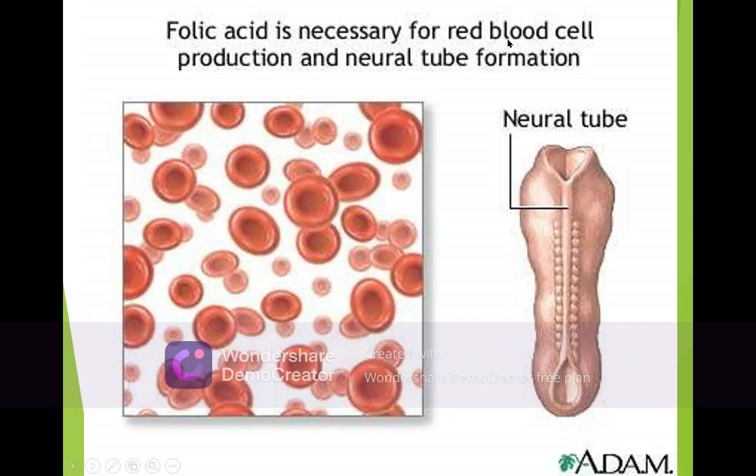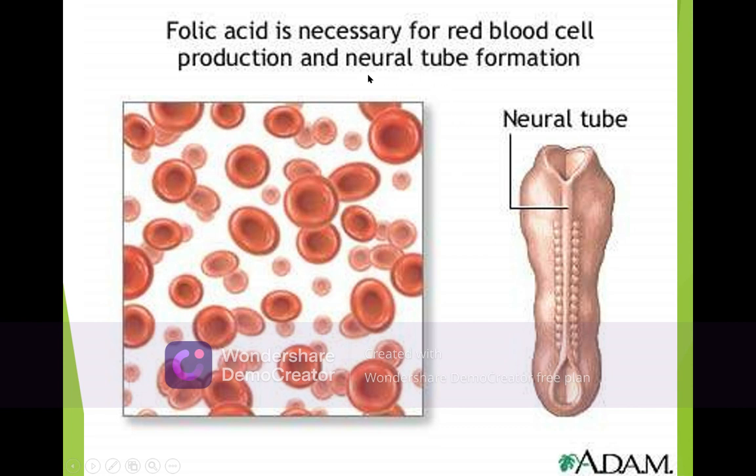Folic acid is necessary for red blood cell production and neural tube formation, which occurs in the first trimester of pregnancy.